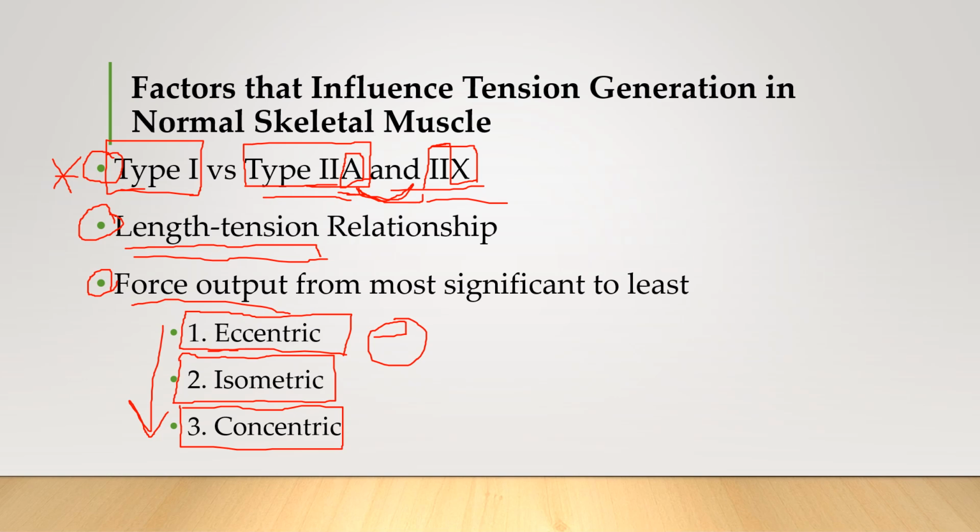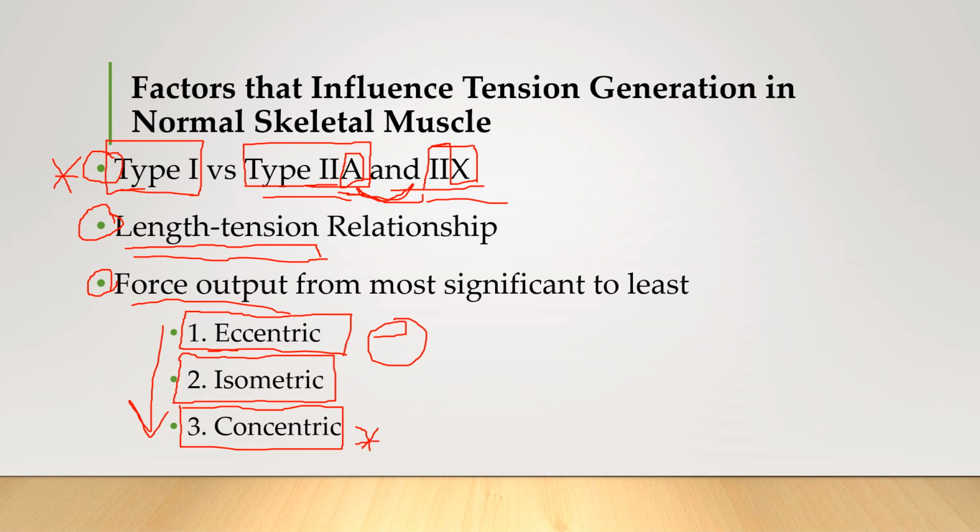You go to contract your biceps brachii against that resistance. Initially, it's going to produce a lot of force. But as you work through that full arc of motion, the force output really decreases very, very significantly, very quickly. So for that reason, we label it here as number 3 on this list.